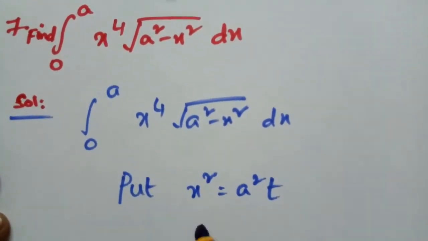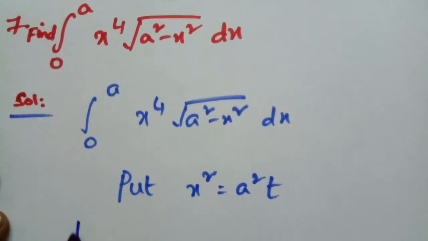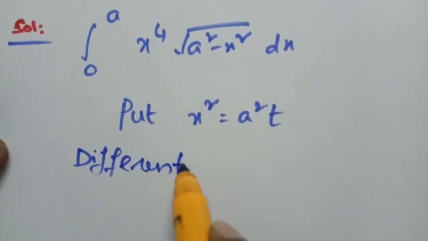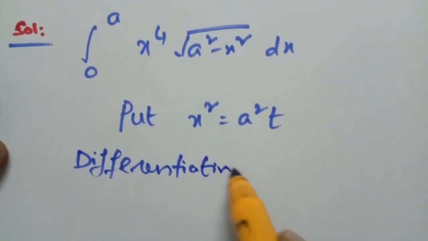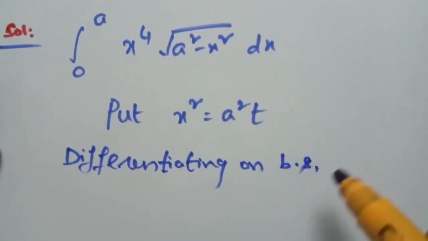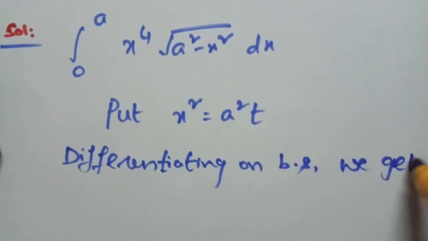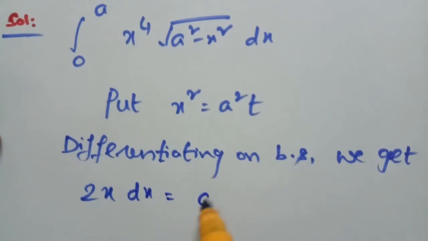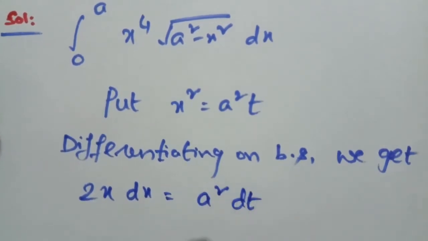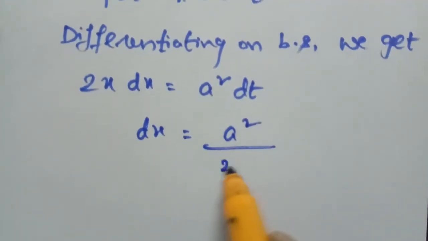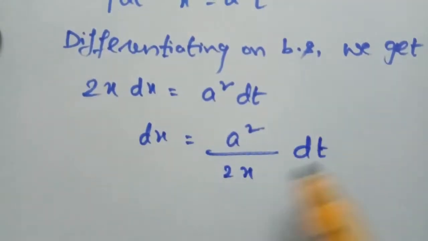Therefore, differentiating on both sides, we get 2x dx is equal to a square into dt. Therefore, dx is equal to a square by 2x into dt.